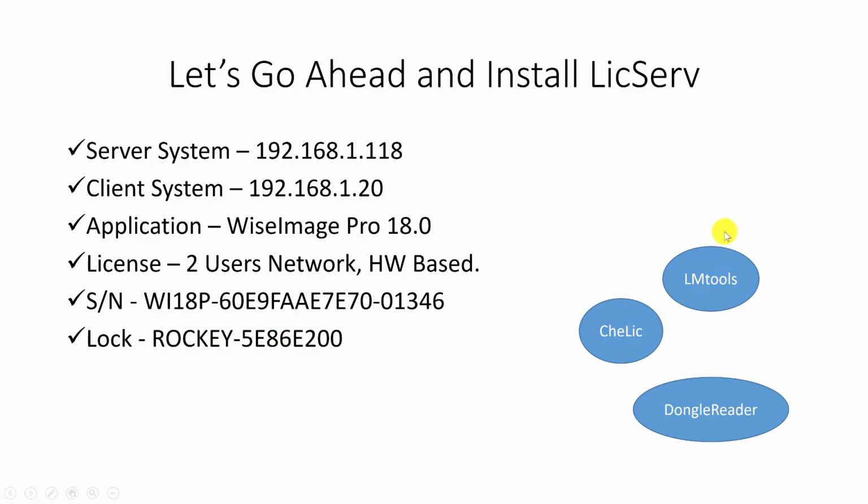The tools we should have, if we need them at certain points during activation or after activating the network license, are the LM tool and the license check dongle reader, to check technical issues of the license server.